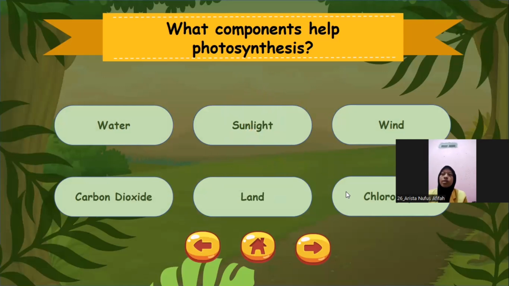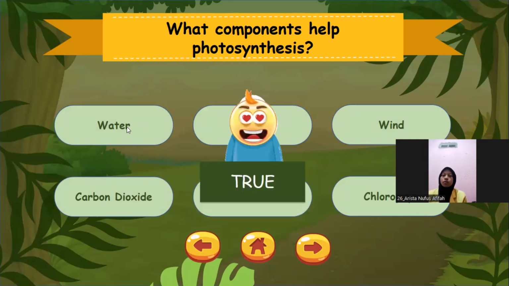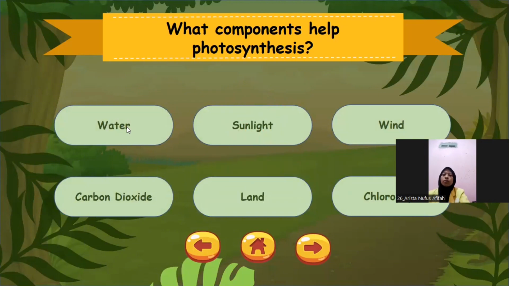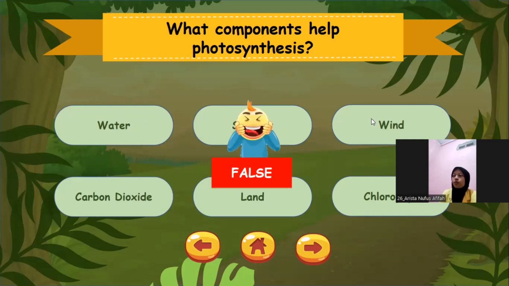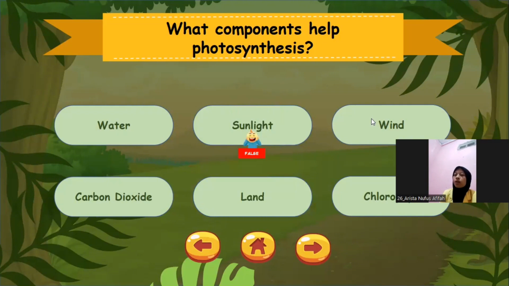So, sunlight helps photosynthesis. Then, water. So, water helps photosynthesis.